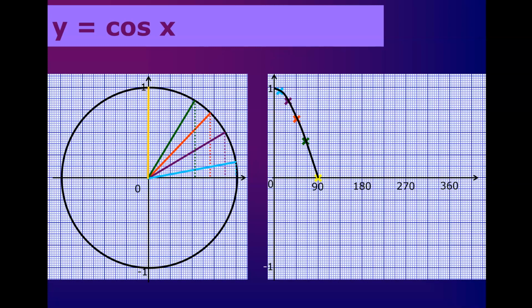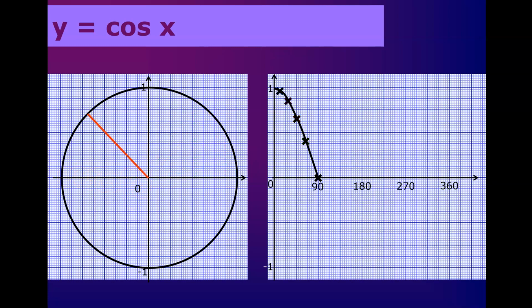Now, just like the sine curve, when we went below the x-axis it went negative. Because we're measuring the horizontal length, as soon as we go to the left-hand side of the y-axis, these are all negative values.